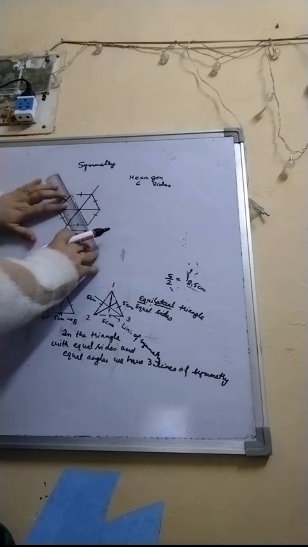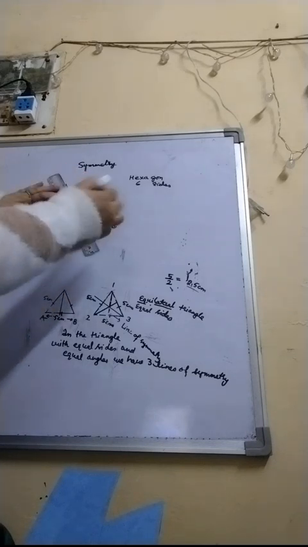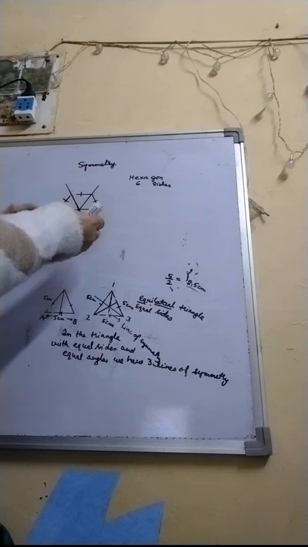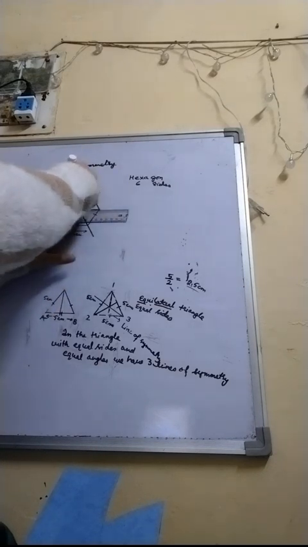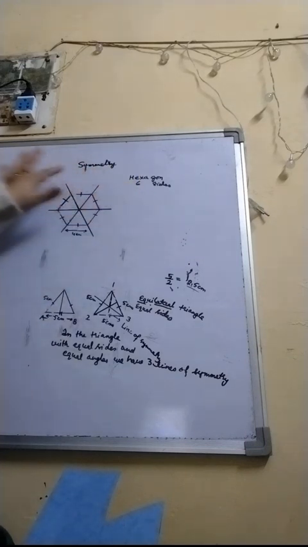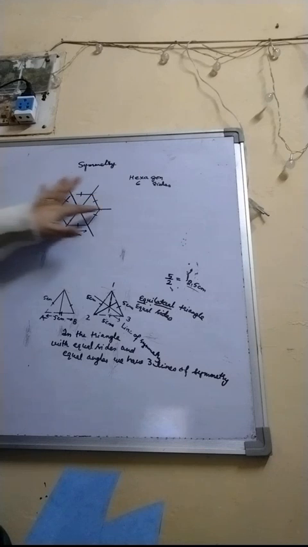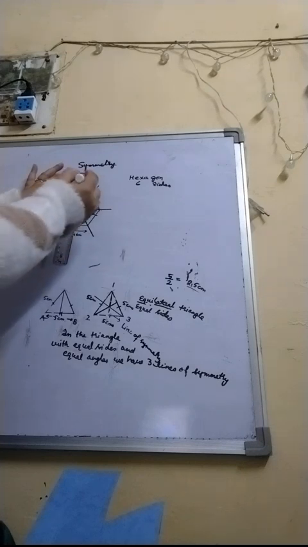This you have learned from square also, that if you join the diagonals of a square, you get the lines of symmetry if you join corners. So there are total 3 lines of symmetry from the corners and 3 lines of symmetry from the sides.